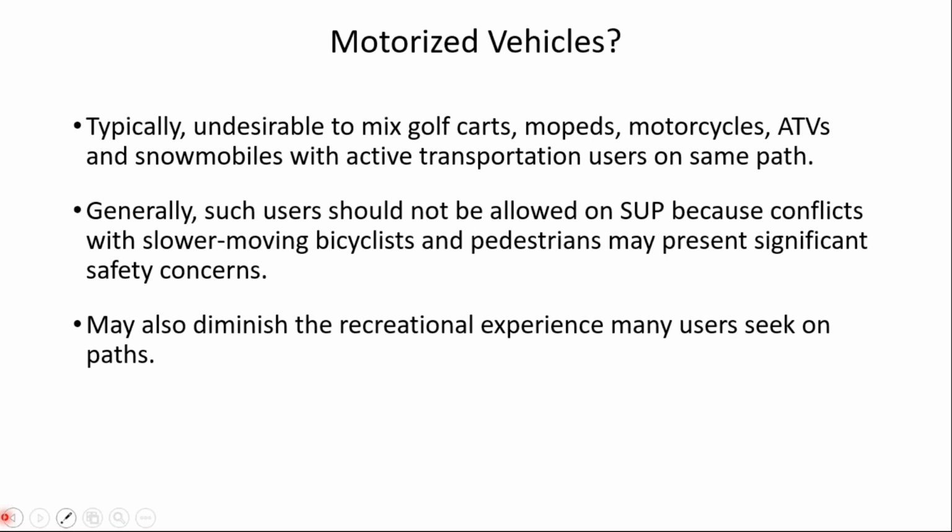Those users, of course, may have different dimensions, certainly different speeds, different operating characteristics, and so they do create conflicts with slower moving bicyclists and pedestrians. And of course, it's those safety concerns that lead many to not allow the motorized modes on these paths. And also, it could diminish the recreational experience that many users are looking for on a multi-use path for pedestrians and bikes.